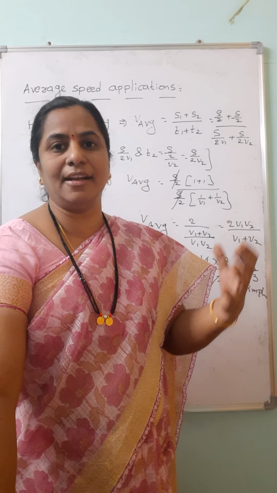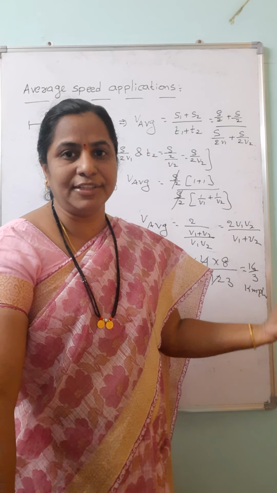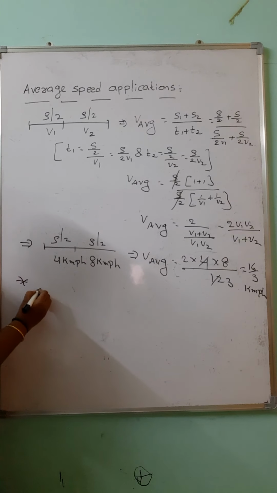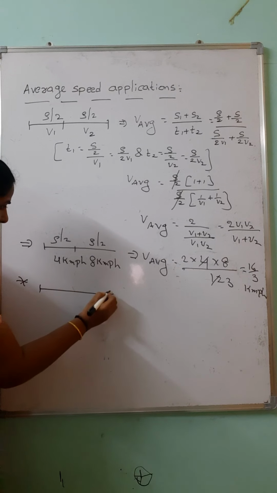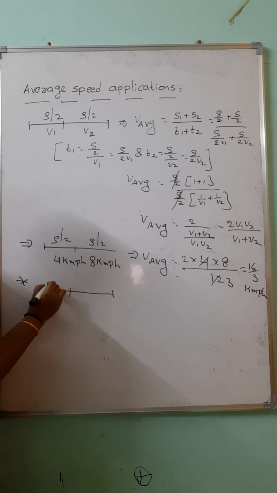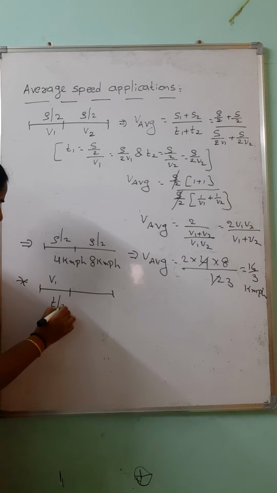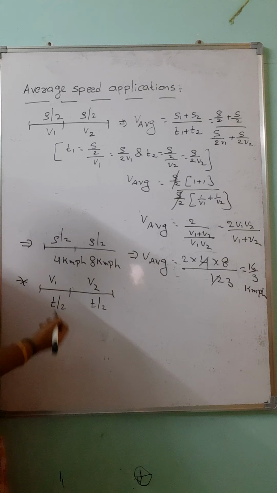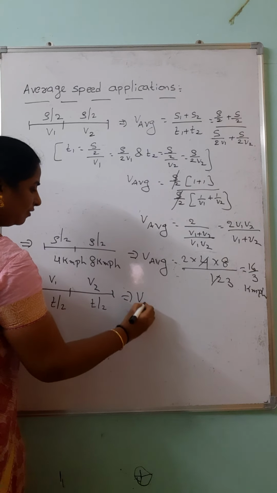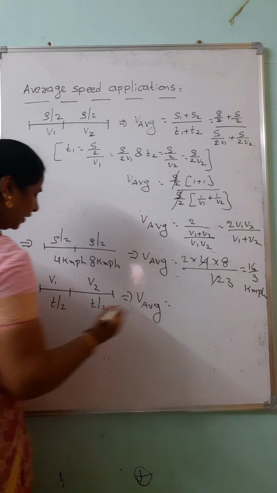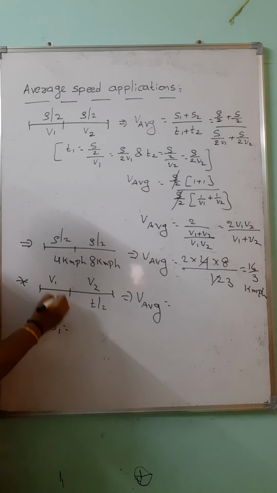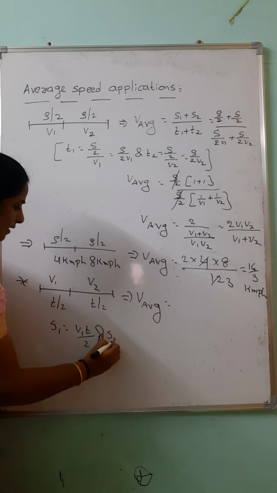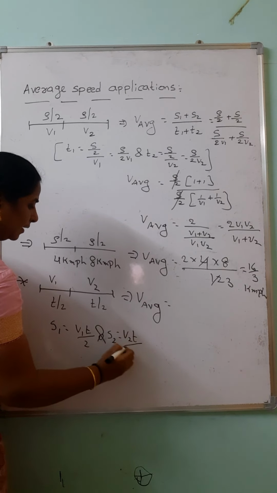Suppose the body covers half of the time going with V1 speed and the remaining half of the time with V2 speed. In this case, what is the formula for average speed? Look here, we are not taking half of the distance, we are taking half of the time with V1 speed and the remaining half of the time with V2 speed. We don't know S1. S1 equals speed into time, V1 into T by 2, and S2 equals V2 into T by 2.